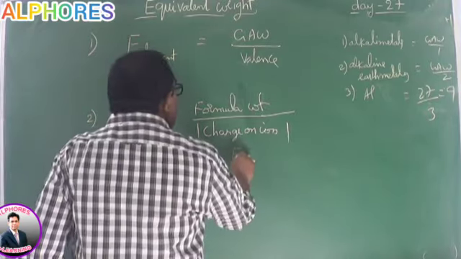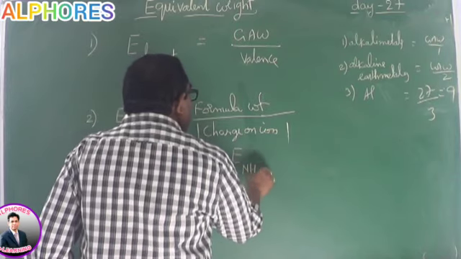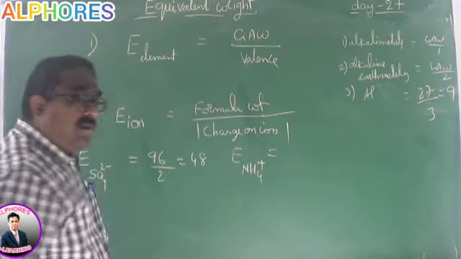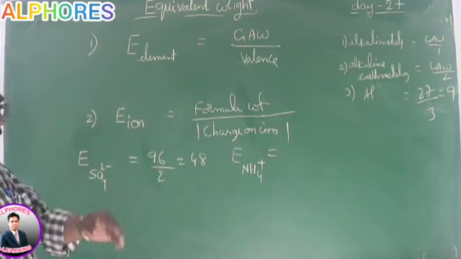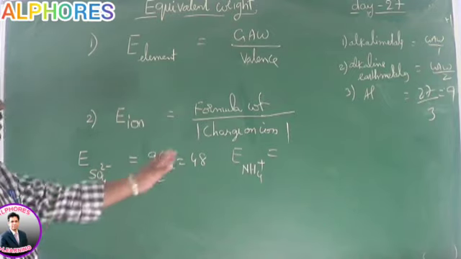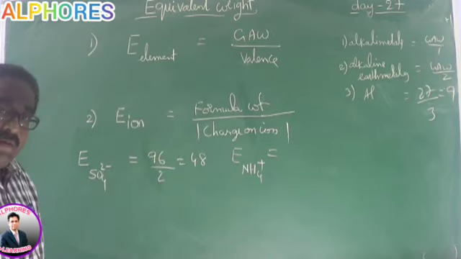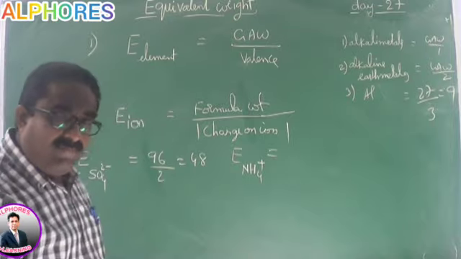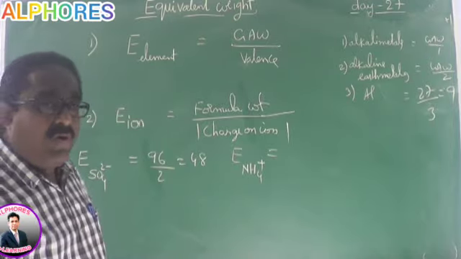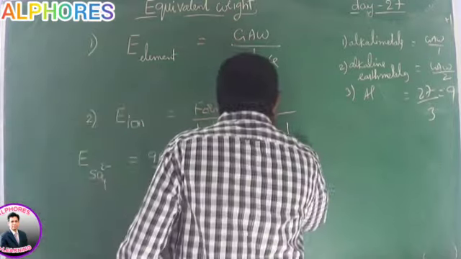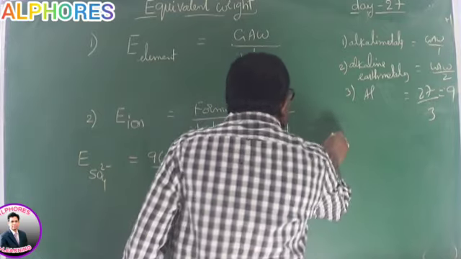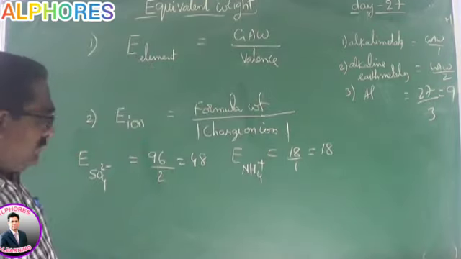Next, equivalent mass of ammonium ion. Let me do the calculation for the formula mass of ammonium. Nitrogen 14, hydrogen 4 ones 4, 14 plus 4 is 18, the charge on the ion has magnitude 1, so it is 18.